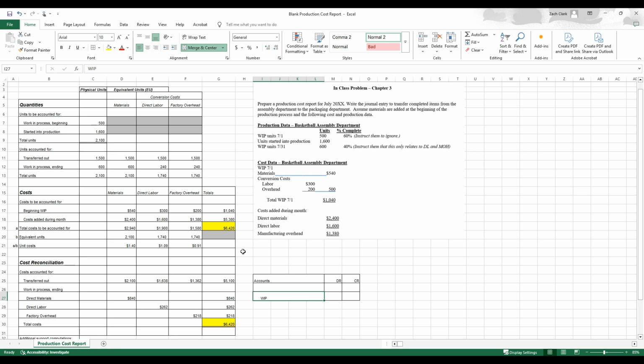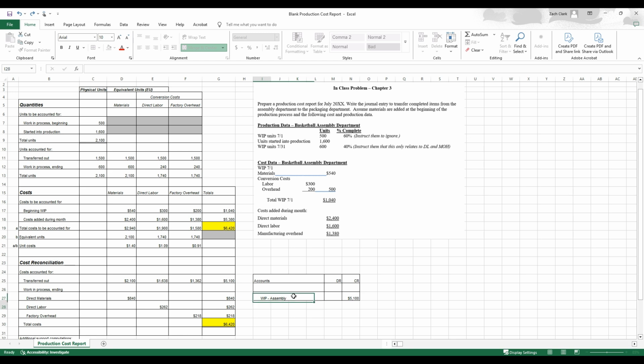And it would be crediting our WIP inventory account of 5,100, because we're done. It's finished goods kind of to us at this point, if you want to think of that. It was really still in WIP, but assembly.